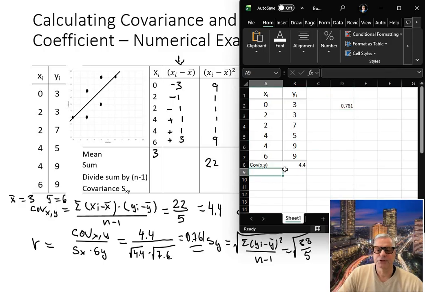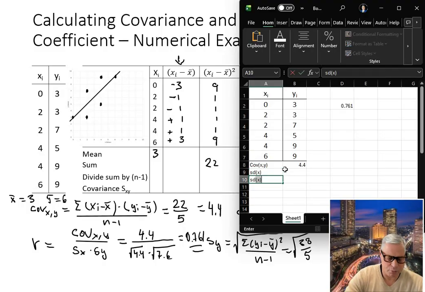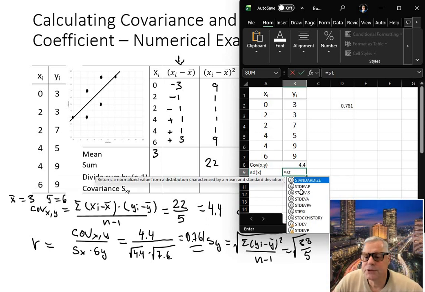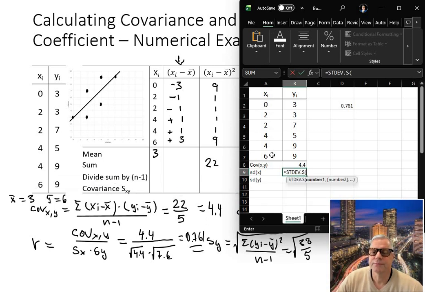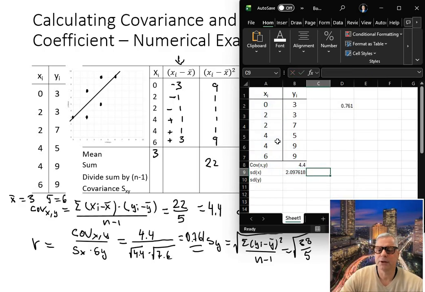Okay, so let's just double check again the standard deviation of x and the standard deviation of y. So equals standard deviation s of x, that's 2.09, and we said this should be the same as the square root of 4.4, and that's the same.